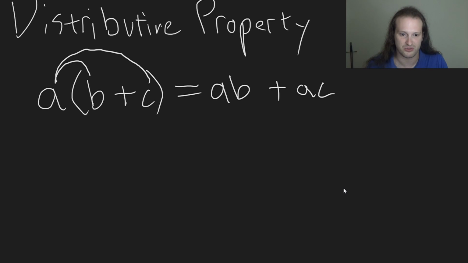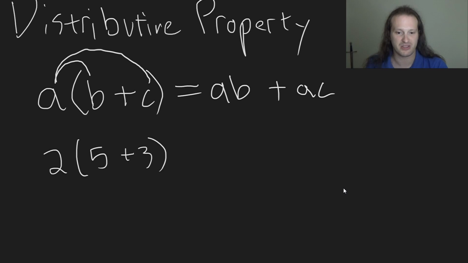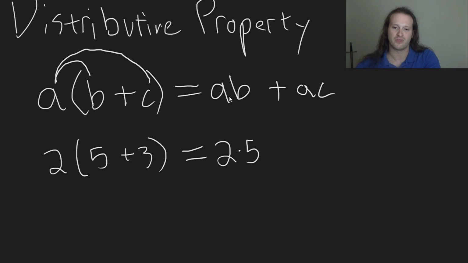Sure, 5s, 3s, and 2s. Sounds like fun. So this should be the same thing as A times B. Now notice here I do have to put a times between these two constants. I know I just said that putting something next to some parentheses like this, or even two variables next to each other, there's no operation there, it's multiplication.